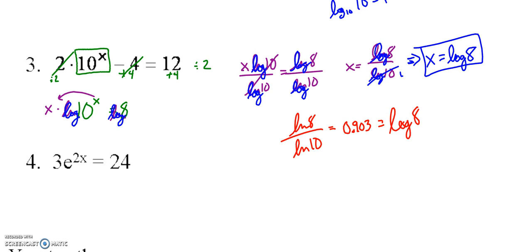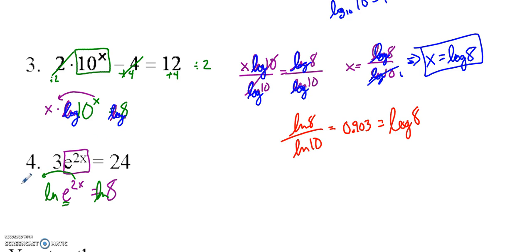So for example 4, again, same process. Isolate your exponential term here. So I'm going to divide by 3. And then because my base is e, I am definitely going to use natural log here. Because again, the natural log and the e go together.